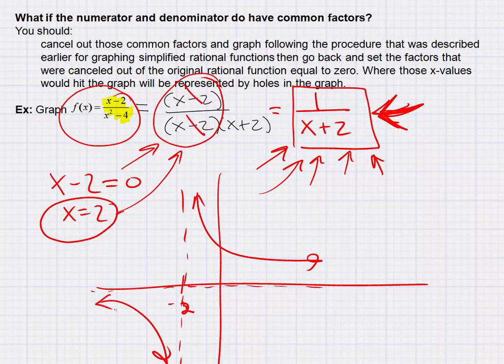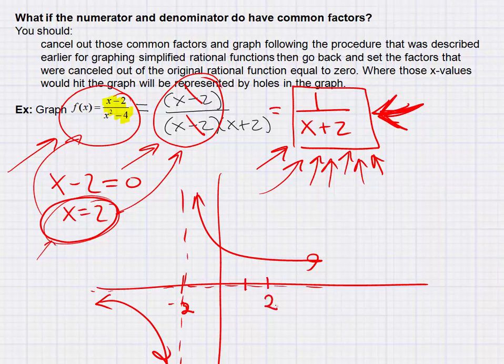But that's the graph of this function. If I want to graph the original one, the difference is this right here. This one cannot use an x value of 2, which means the x value 2 is going to be a break in the graph, but it's a different kind of break than a vertical asymptote, in that the break here is what we call a hole.